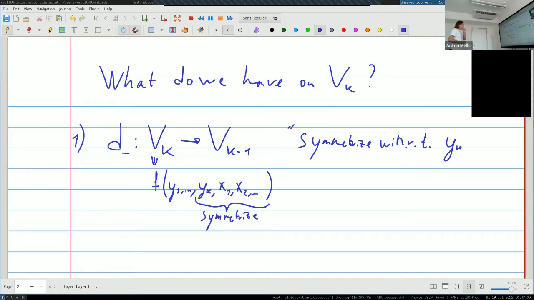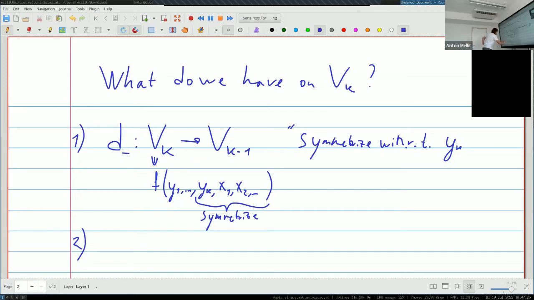Okay, that's one operation. You can think it decreases the number of variables, but it actually doesn't change the number of variables. It just makes it more symmetric. So if the function was symmetric in all but k variables, you get a function symmetric in all but k minus 1.